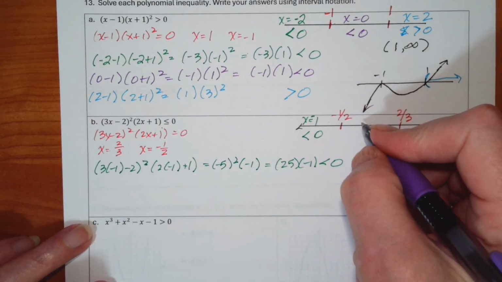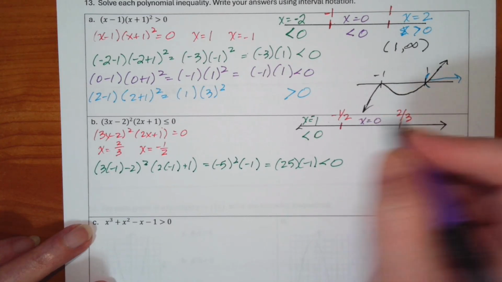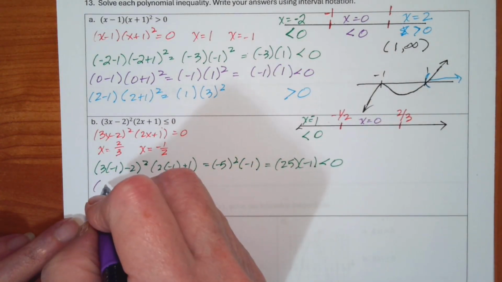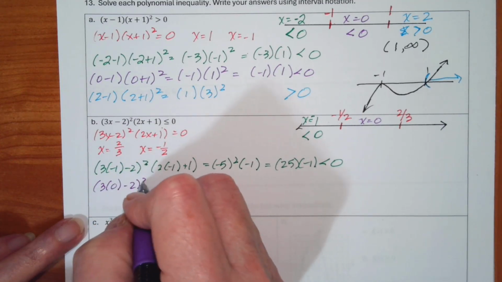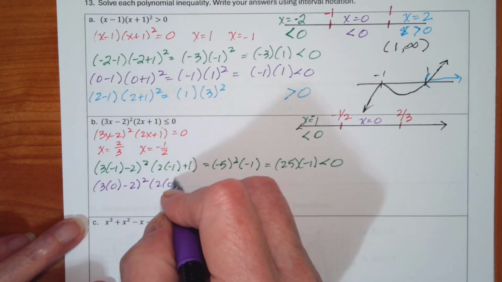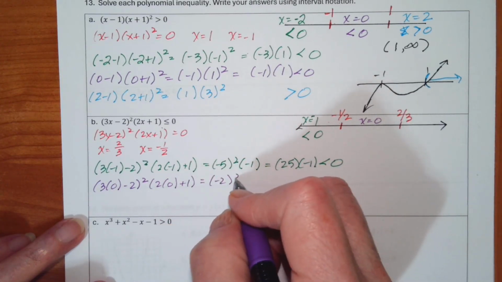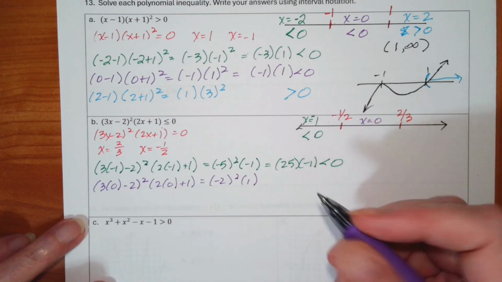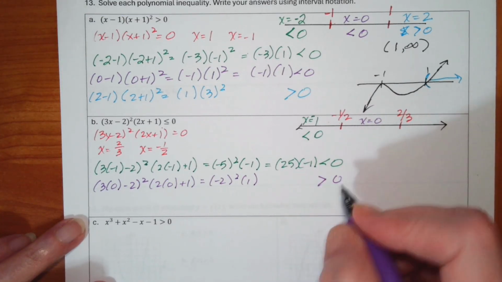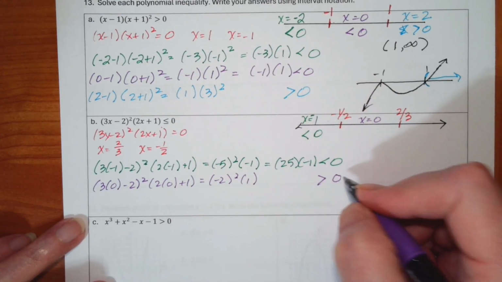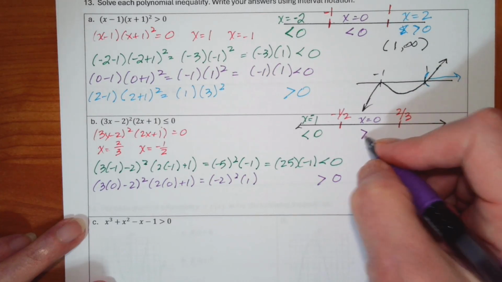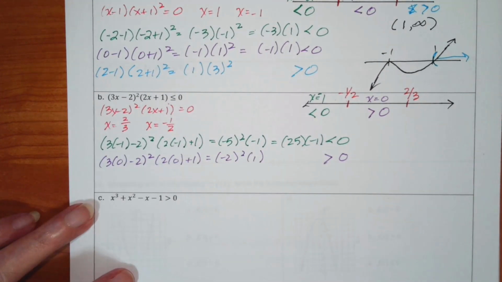In the middle here, I'm going to check x equals 0. So this gives me (3 times 0 minus 2) squared times (2 times 0 plus 1), which gives me negative 2 squared times 1. I can tell from here this is greater than 0. Positive times positive is a positive. So here this is greater than 0.